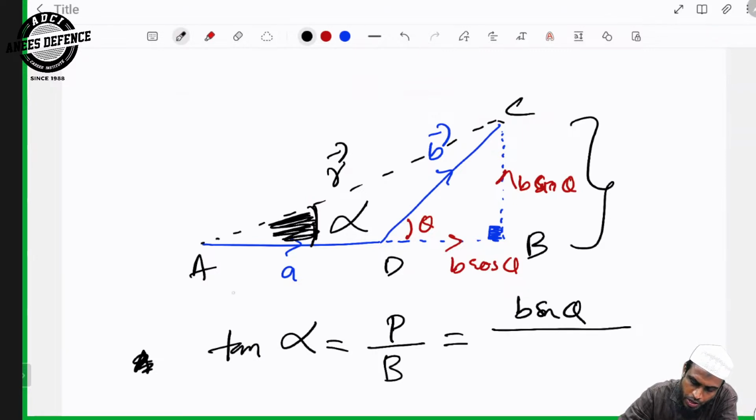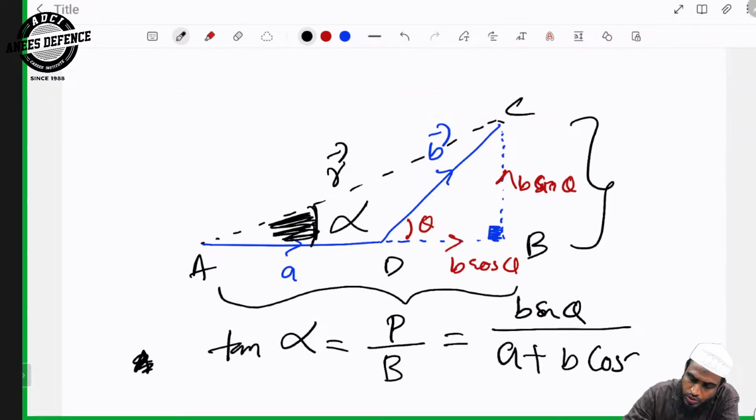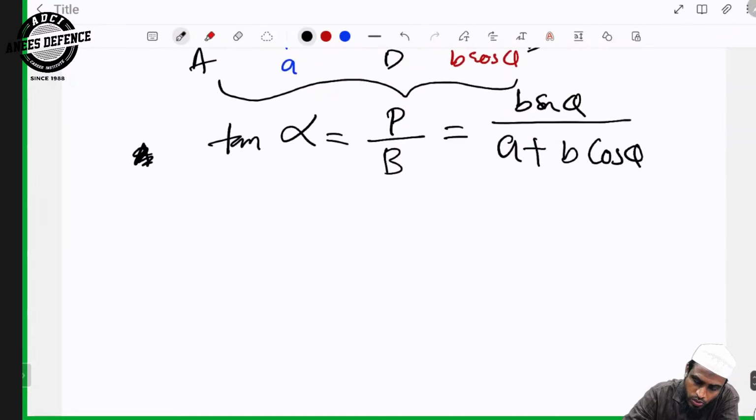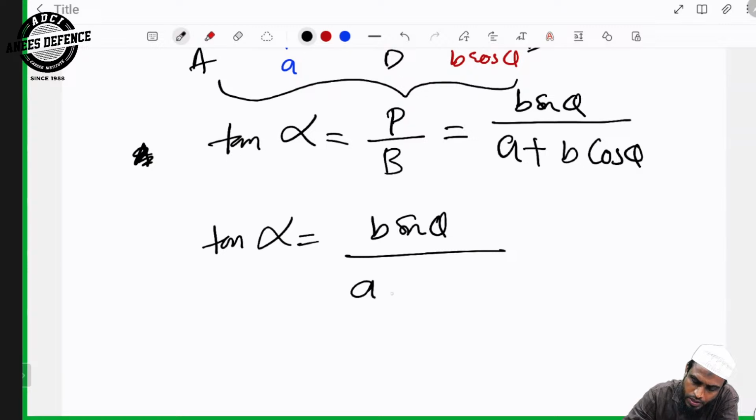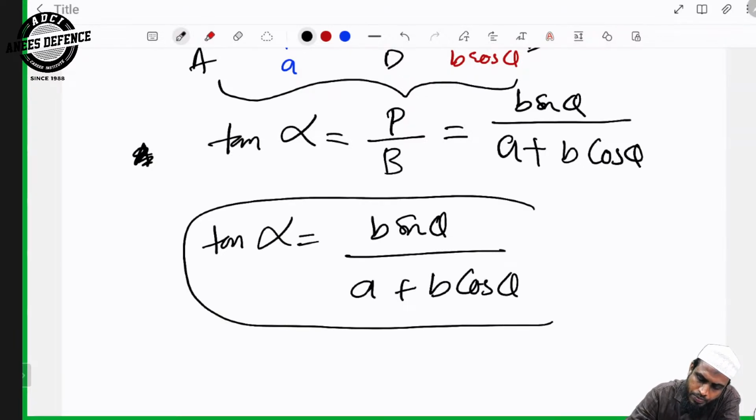What is base? Base will be this much length, so A plus B cos theta. So tan alpha equals B sin theta divided by A plus B cos theta. This is the formula for calculating the direction of the resultant vector.